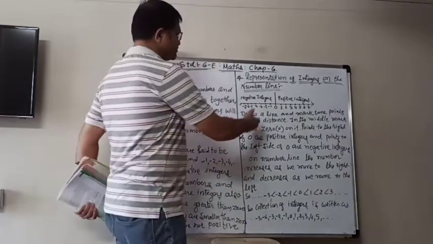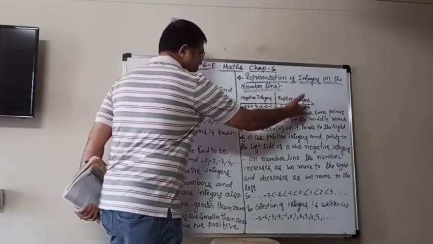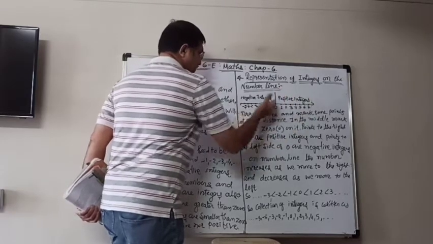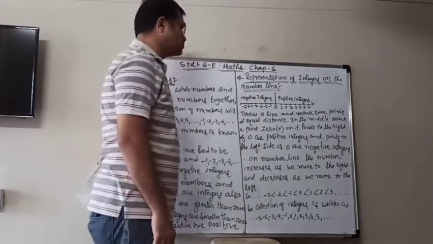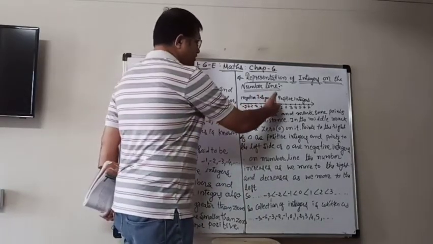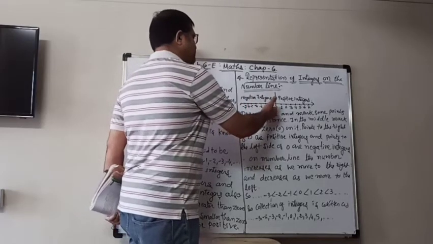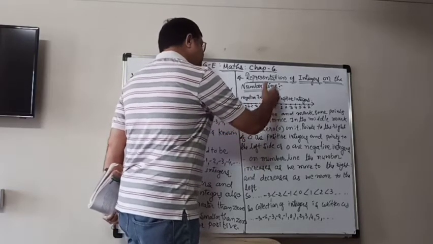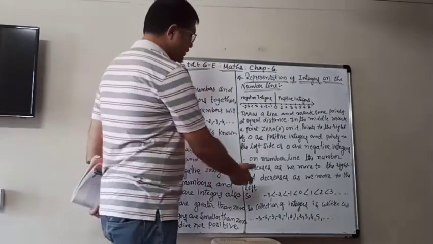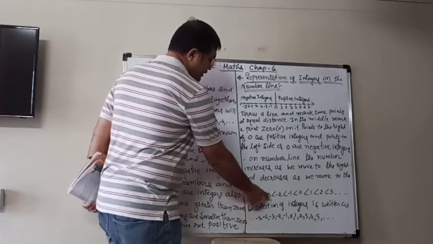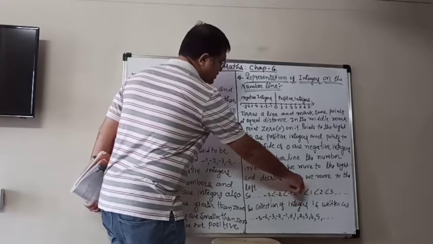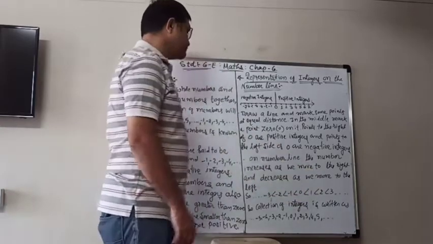It means all positive numbers are greater than 0, and positive numbers are greater than negative integers also. 0 is greater than negative integers and 0 is less than the positive integers. So we can write in notation: -3 is less than -2 is less than -1 is less than 0 is less than 1 and so on.